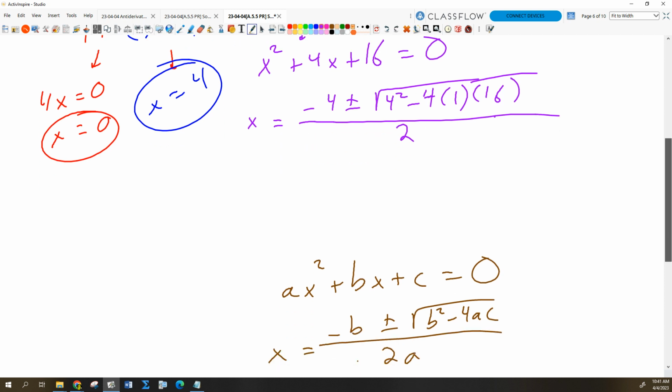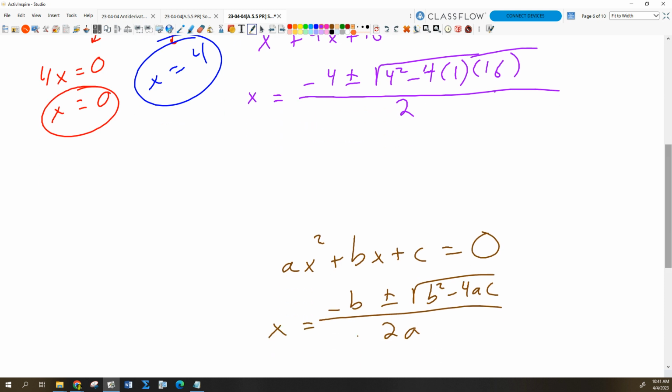Okay, so then if we keep going with that, we got to simplify that. I'm going to get negative 4 plus or minus the square root of 16 minus 64, which is negative 48, all divided by 2, right? I got to simplify the square root of negative 48.